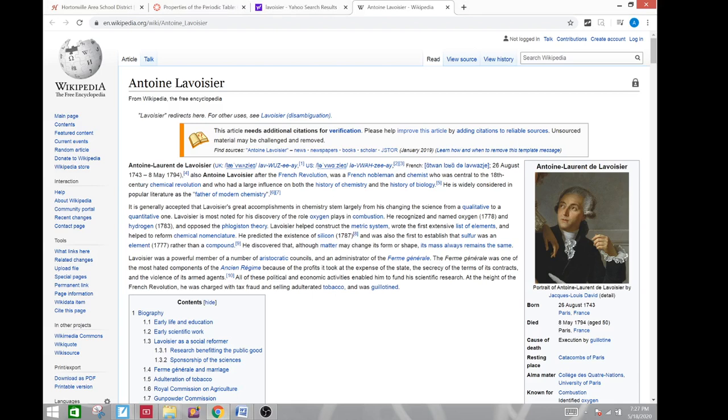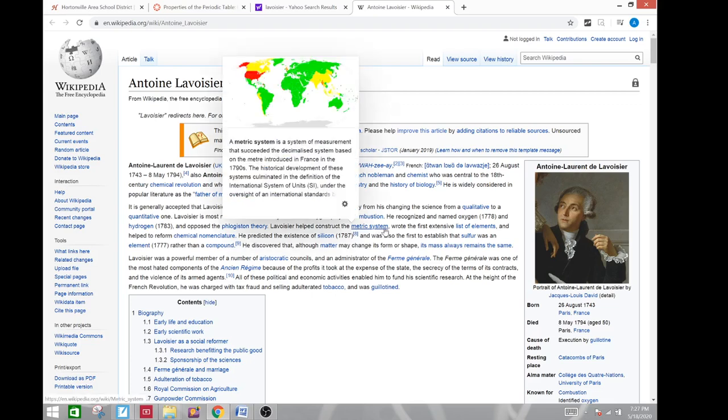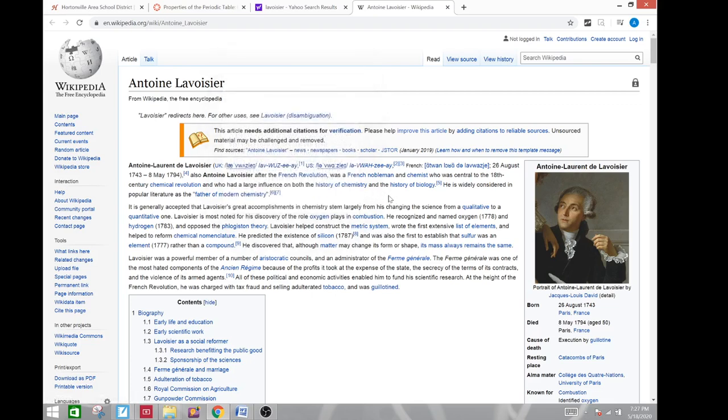Well, he recognized and named oxygen and hydrogen, and he's got some unique views on the metric system. He's often thought of as being the father of chemistry, largely stemming from his changing chemistry from qualitative to quantitative. And it's neat over here, it says executed by the guillotine.